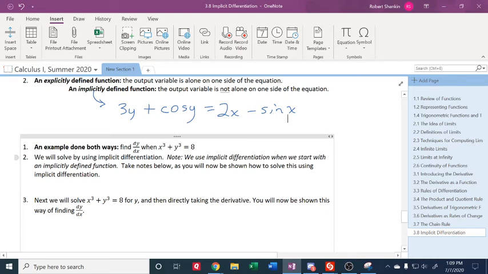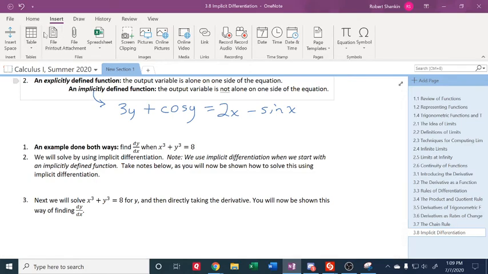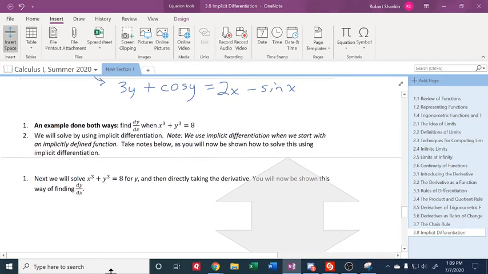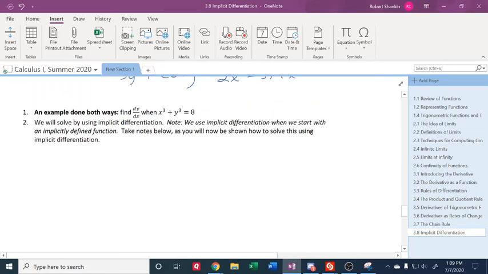And then I will solve for y and do it a different way. All right, so let me just create some space here. I'll show how we can do this by implicit differentiation.